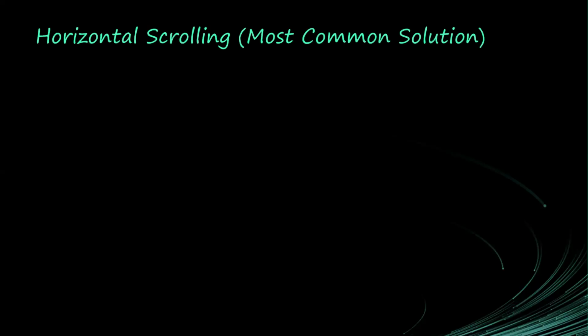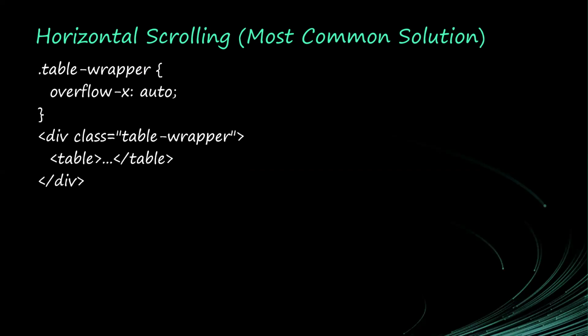So now, how do you prevent this? You will have to use some CSS styling. I'm not going to talk too much about this because, of course, we have not done CSS, but you can use CSS styling to make your table responsive. In this case, we wrap the table inside a div, and we have a class called table-wrapper.